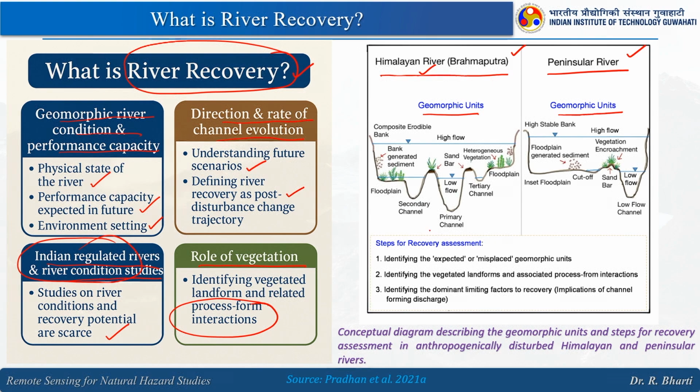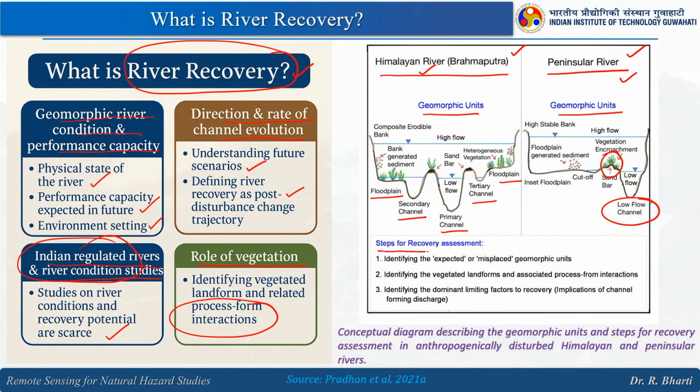Here you have flood plains, secondary channels, primary channels, tertiary channels, and then again flood plains. When we talk about this peninsular river, here you have flood plain and then low flow channels, right, and you also have a few sandbars.